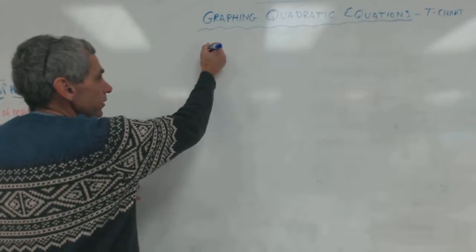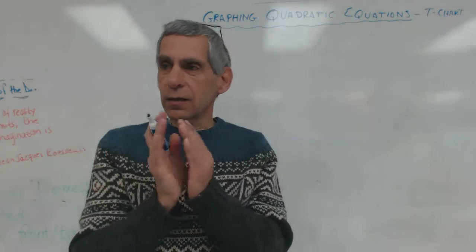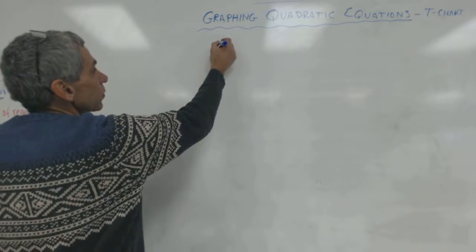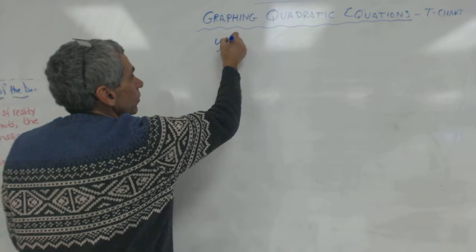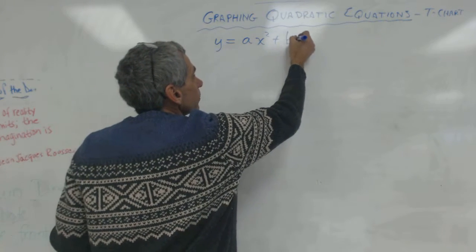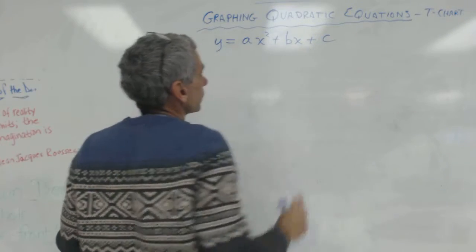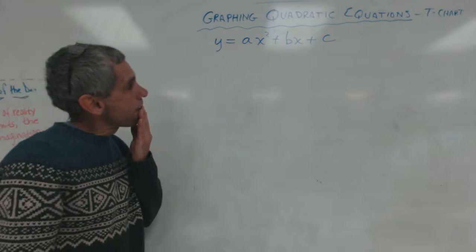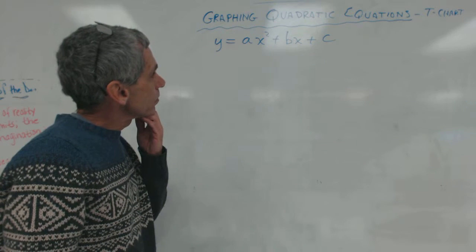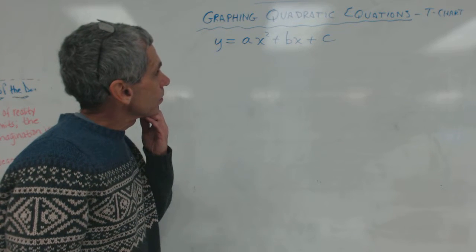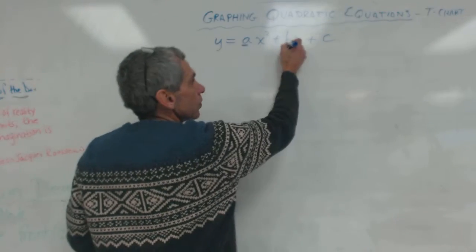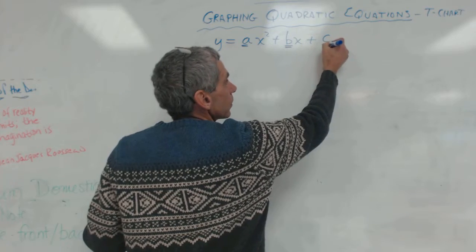But let's just remember what a quadratic equation actually is in terms of a formula. This is the formula: y equals ax squared plus bx plus c, where this is a number, this is a number, and this is a number.